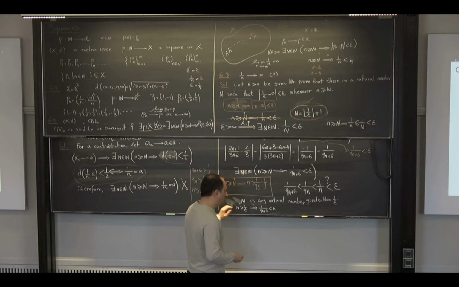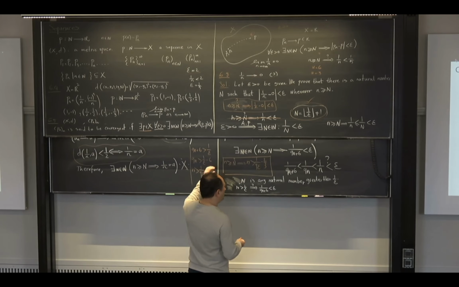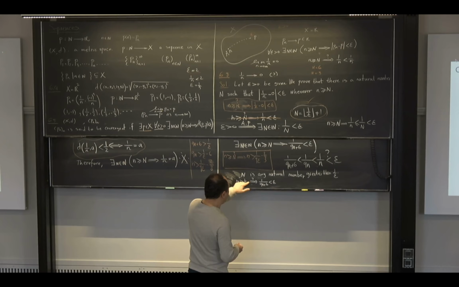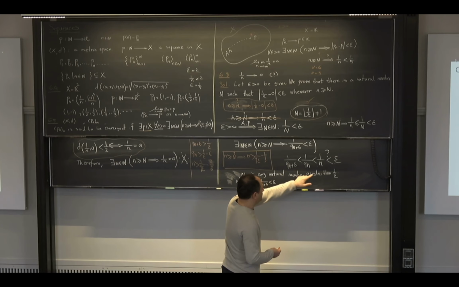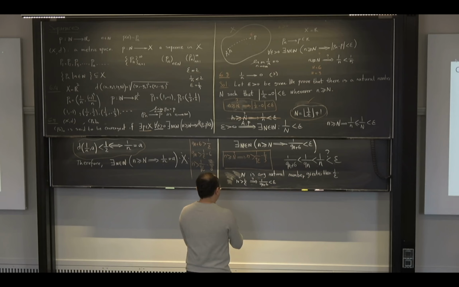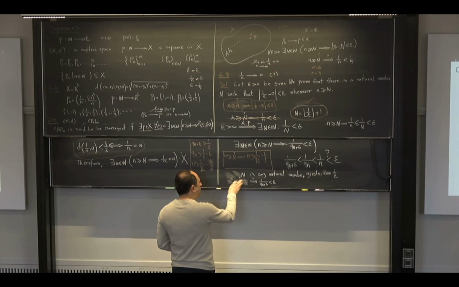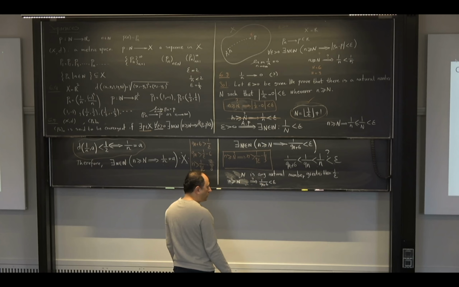Yes? Yeah, you are right. For example, at the end, I have to guarantee this for you. I told you that n is any natural number greater than 1 over epsilon. Now I am claiming that, so I have to prove that if n is greater than or equal to this n, this is guaranteed. Why is this true?